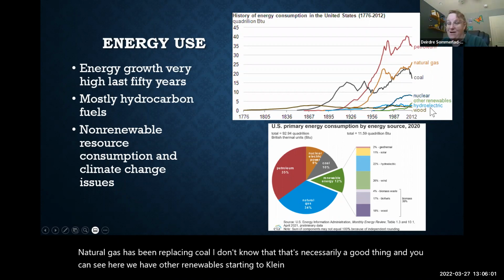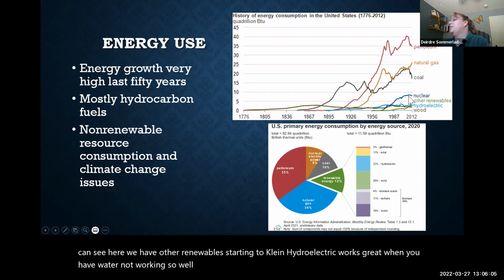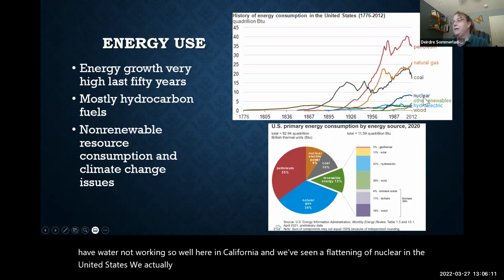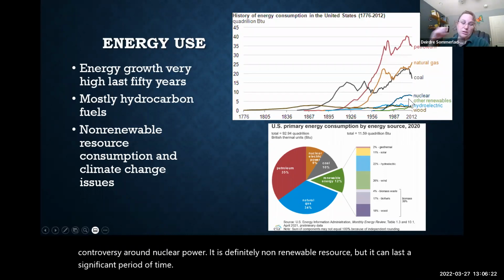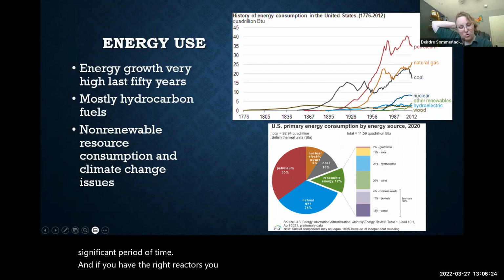Hydroelectric works great when you have water, not working so well here in California. We've seen a flattening of nuclear in the United States. We actually have closed a couple of our power plants. There's a lot of controversy around nuclear power. It is definitely a non-renewable resource, but it can last a significant period of time. And if you have the right reactors, you can actually re-energize your nuclear fuel.